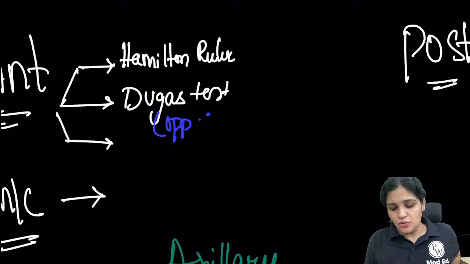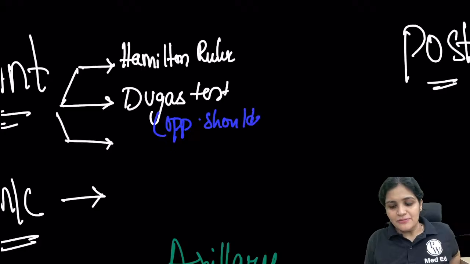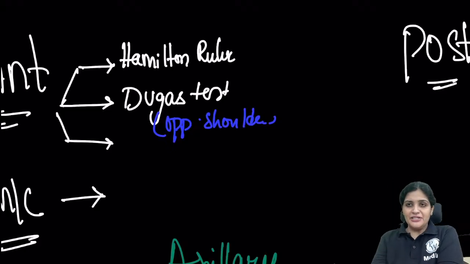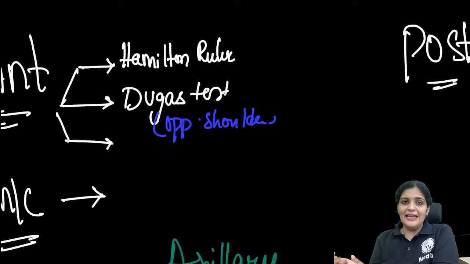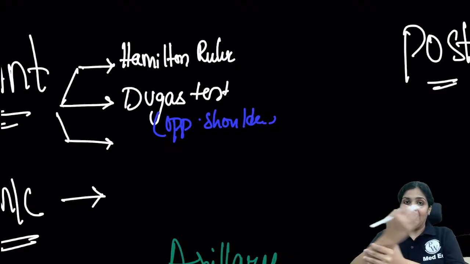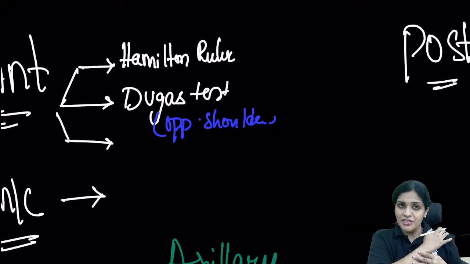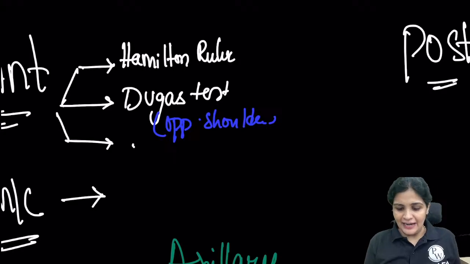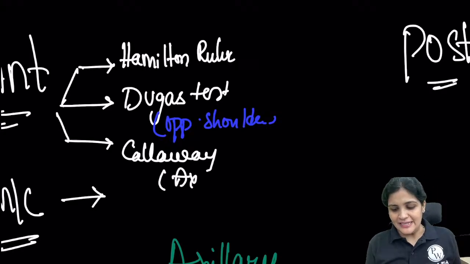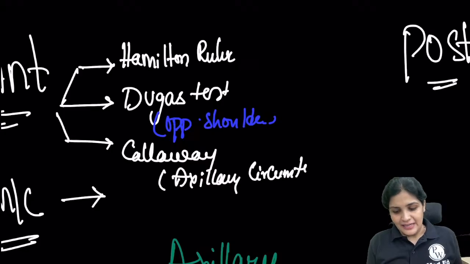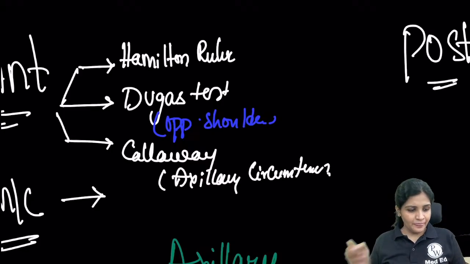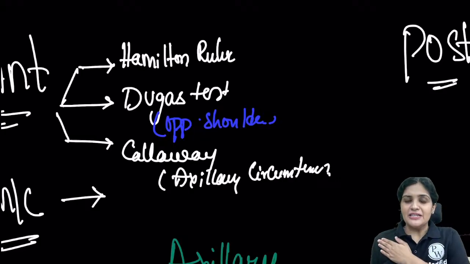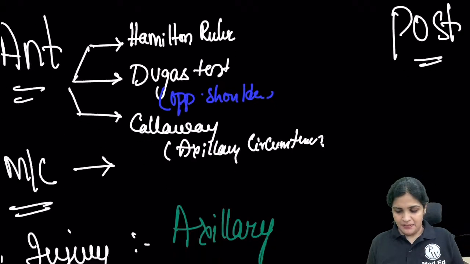Whenever the patient comes with an attitude of abduction and external rotation, holding his hand, he is unable to internally rotate, so he will not touch the opposite shoulder. That is your Dugas test. And finally, Callaway's test, axillary circumference. Now what you can see is a ball-like structure on the anterior aspect.